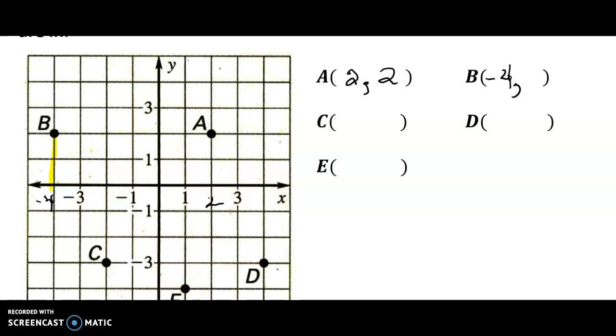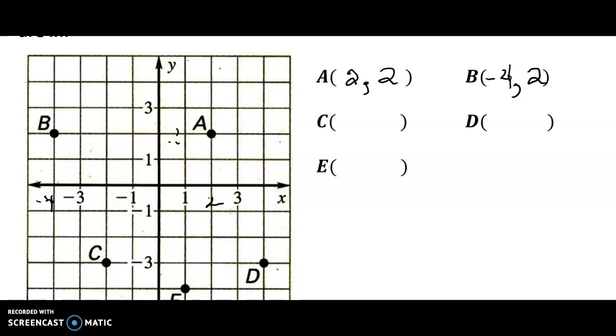With respect to the y-axis, this point B, look across, is located at a y value of 2. All right, so the coordinates for point B is -4, 2.